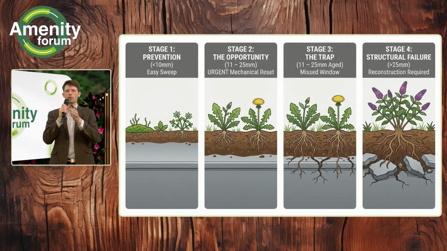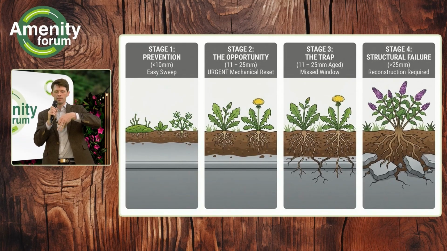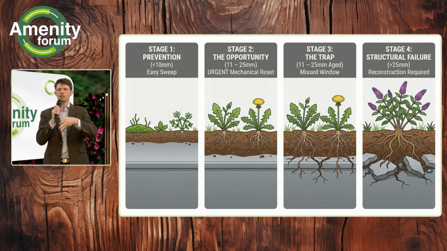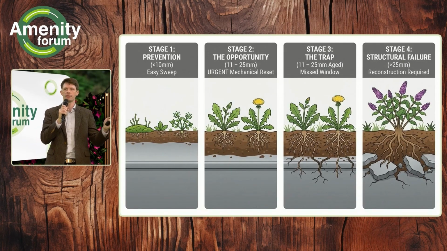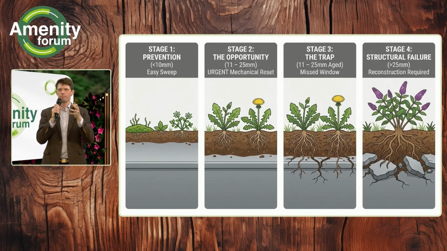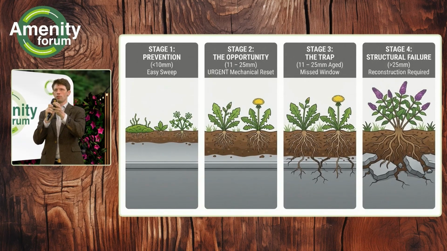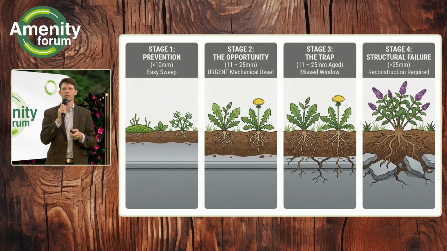When we get to stage 2, you have species with the potential to enter the surface and cause damage, but they're still at a floating stage, so a sweep will still remove the whole plant. The difference between stage 2 and stage 3 is not the depth, but how advanced that plant is in its growth.